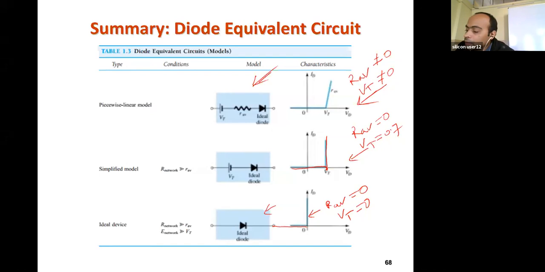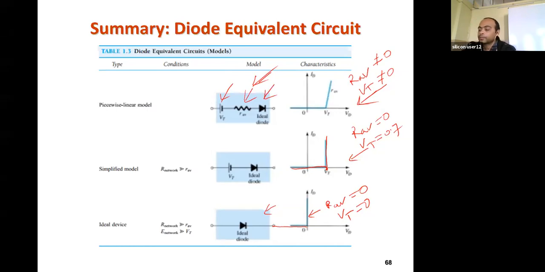So this VT drop is considered as a voltage source inside this diode, and it will provide a resistance. That means the current will not flow infinitely when it starts conduction. It may have some resistance RAV. So that's why it is showing that it has a resistance RAV. Plus it is a practical diode.